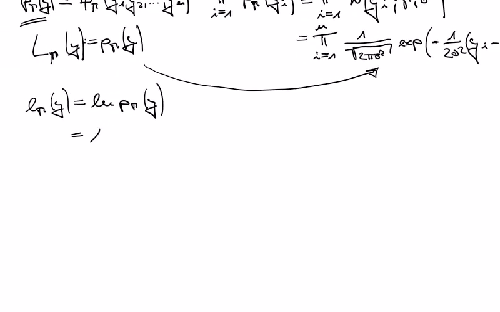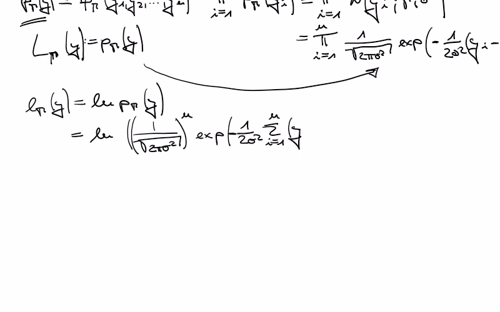The first thing is that we have all these multiple terms in there: 2 pi sigma square to the power of n, because this product is n times. And because we have products of exponentials, we can use the exponential of the sum of these, so we have minus 1 over 2 sigma square, sum from i equals 1 to n of (y_i minus mu) squared.